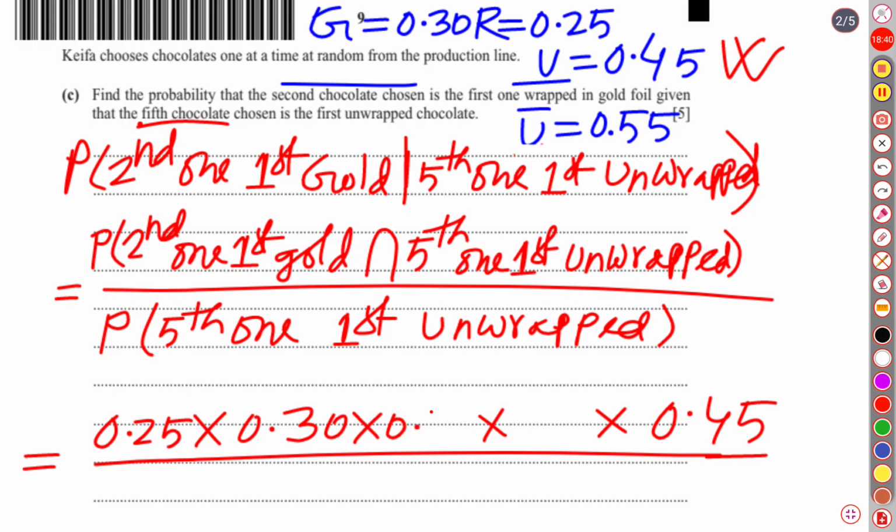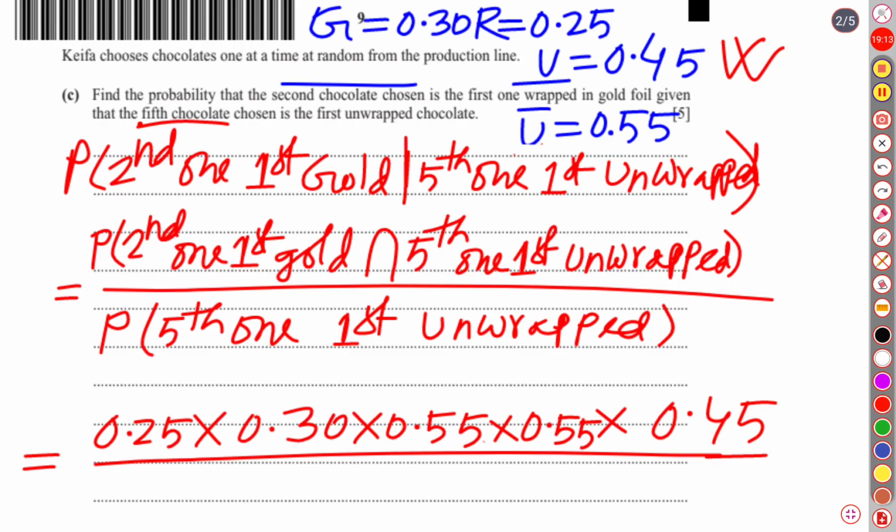And the fourth one also cannot be unwrapped but can be anything else, so for non-unwrapped the probability is 0.55. I think you have understood.